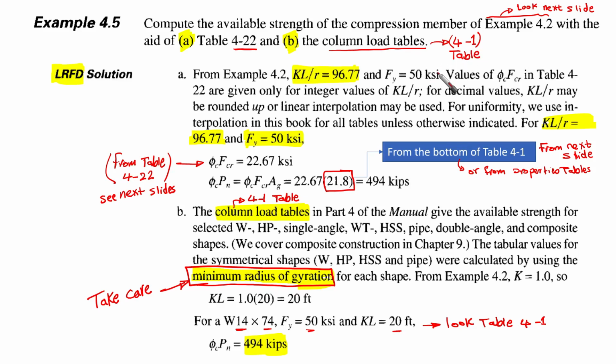So we have two different ways to go through in order to design. First we're going to use table 4-22, and we need to know what example 4.2 is, because we need to know the length and K of the members.